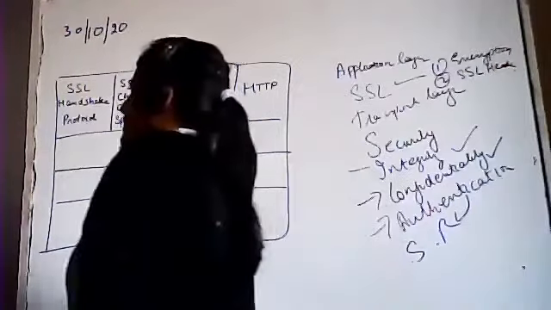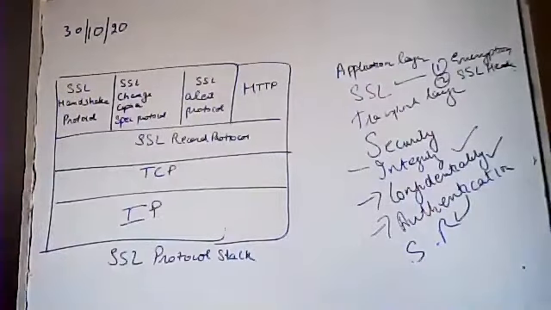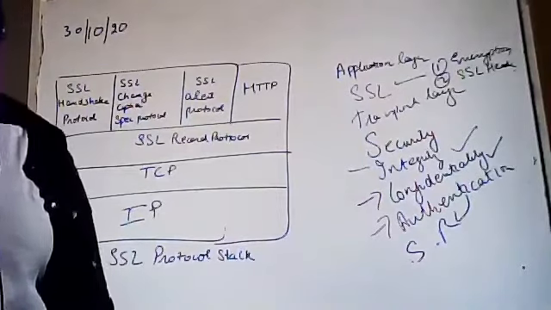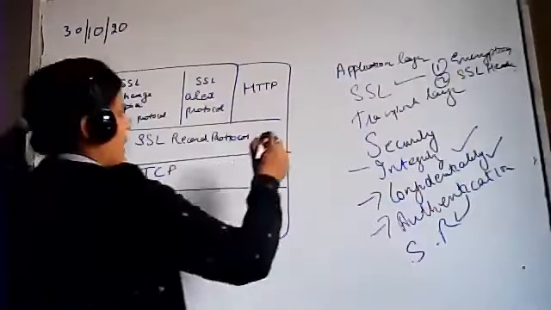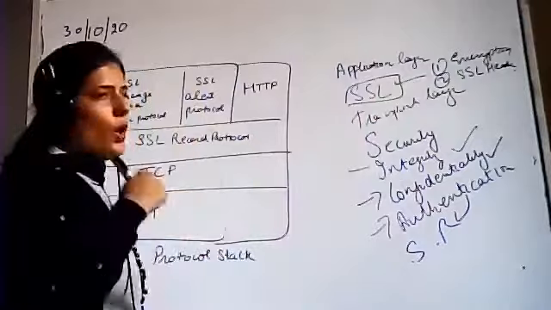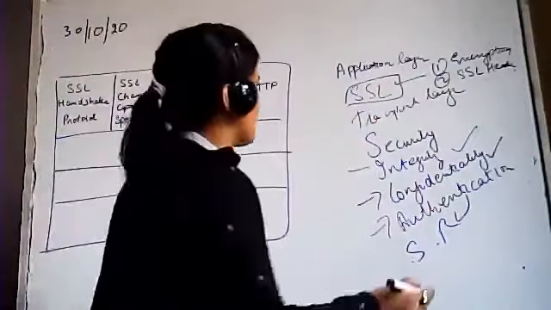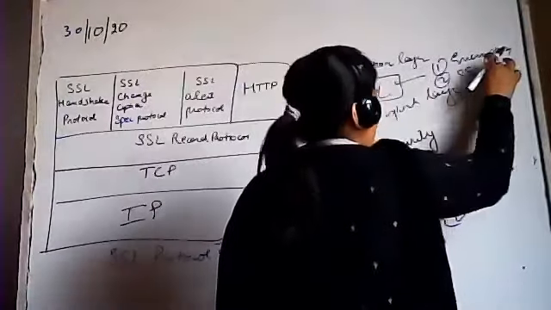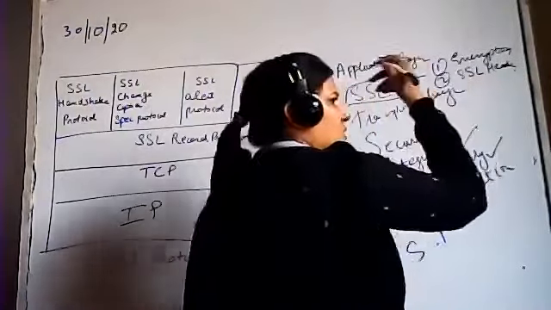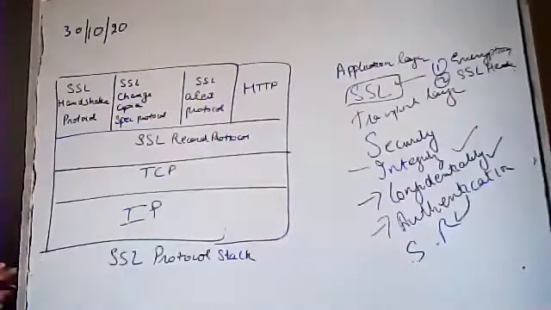So the application layer cannot directly pass the data to the transport layer, but it will first give the data to the SSL part. SSL will first encrypt that data, and after that it will add its own header, that is the SSL header, to that encrypted data. So that's why it is making the data more secure. After SSL adds its header to the data, that data will be transmitted on the network.